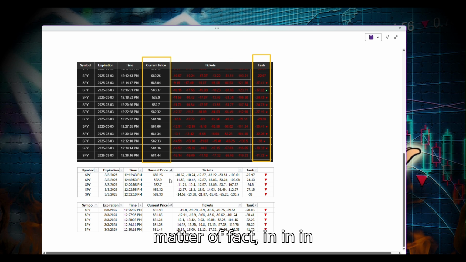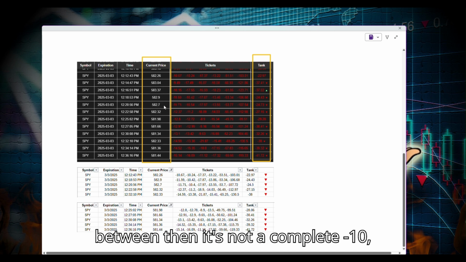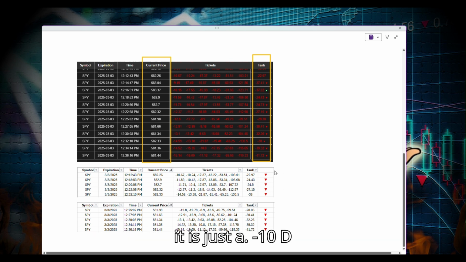As a matter of fact, in 582 it went beyond minus 10. So you can have the minus 10 rule if you isolate it, but because you've got numbers in between, it's not a complete minus 10. It is just a minus 10D divergence. If you go into 581, it also reaches minus 10.